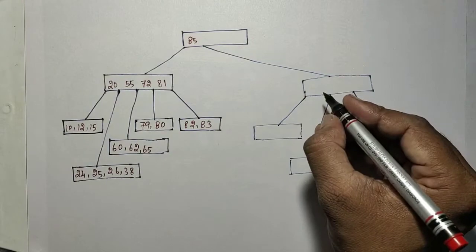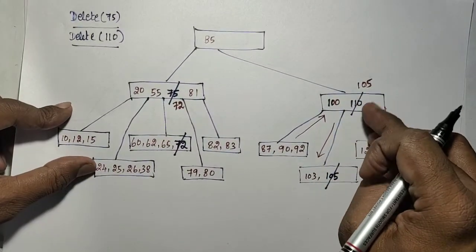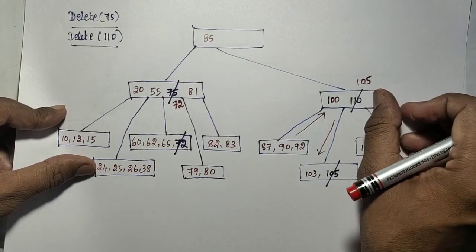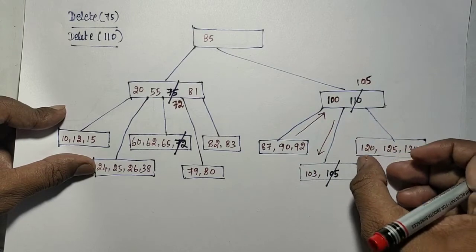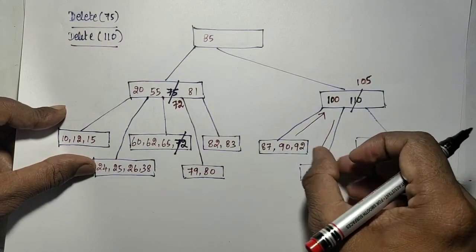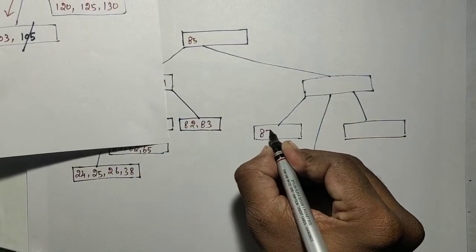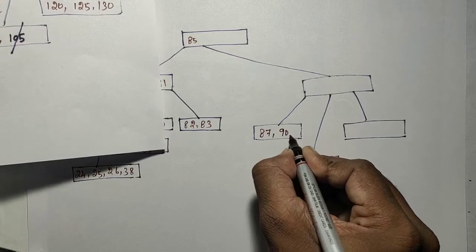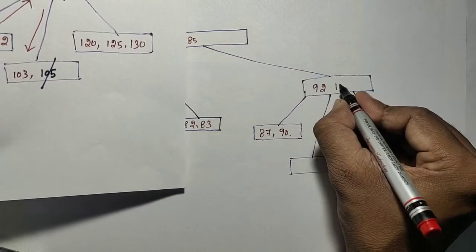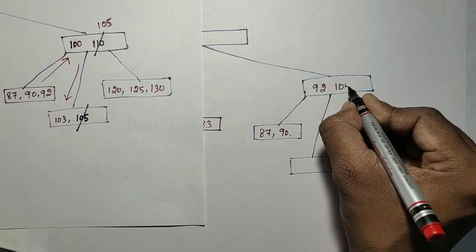Now we have the most changes here: 110 is getting deleted, and in that place 105. Since the 105 is moved, this goes underflow, so it borrows one element from here, so that it is having 87 and 90 alone. 92 is moved here, and 105 is in that place of 110.